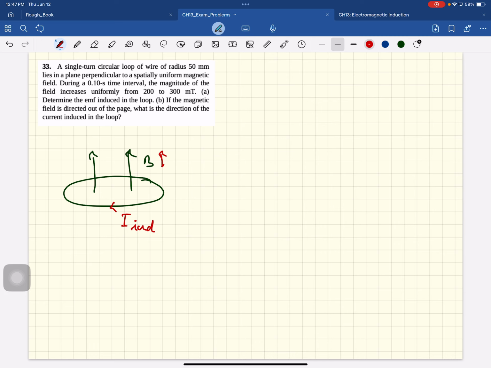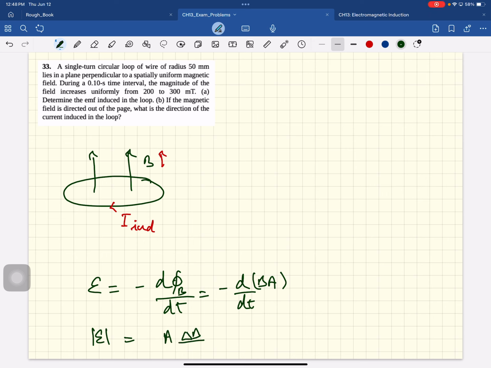Mr. Faraday tells us the EMF is equal to minus d by dt of B times area. So the magnitude of the induced EMF is area times delta B by delta t.